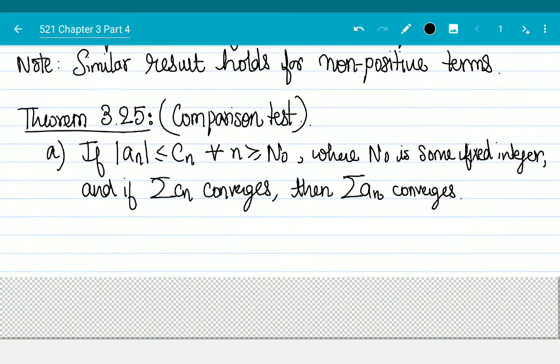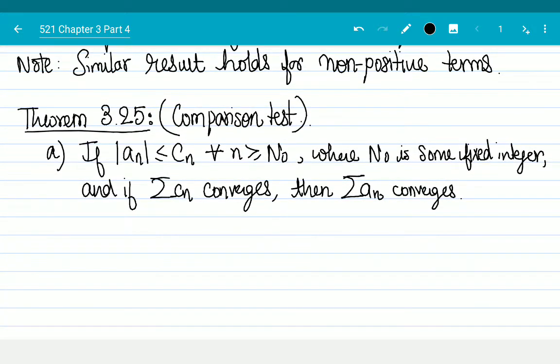Here it does not matter if an are positive or negative. Even if they were alternating or anything, it still converges.